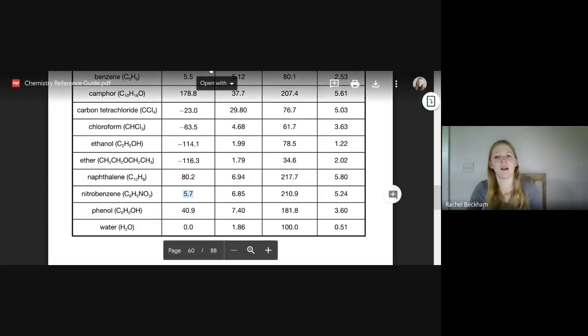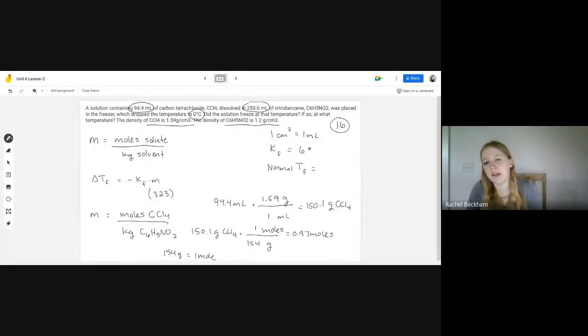So I'm going to write that down, 6.85 and 5.7. So negative 6.85 times, because that's a negative sign right there too, 3.23. And I'm getting negative 22.1 degrees Celsius.